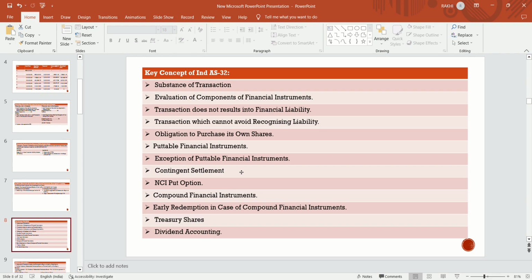These are the concepts which we will discuss in Ind AS 32. Step by step we will discuss these concepts.